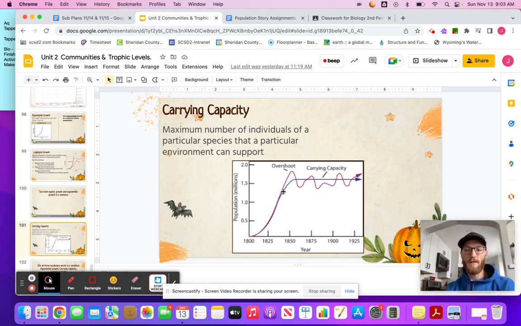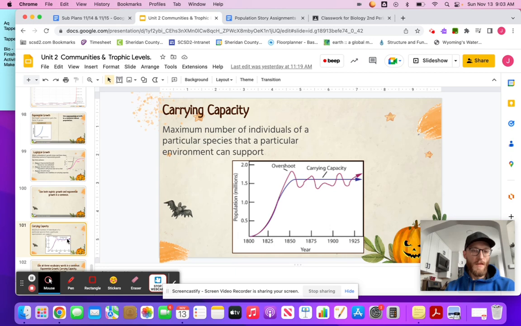And like we've talked about, if you don't have resources available, you are eventually going to get to the point where some of those organisms begin to die due to starvation, disease, those types of things, and that population would correct. Now we can see that carrying capacity without the wolves is much higher, right? This is their new carrying capacity, and so we'd see that elk population last year. So carrying capacity is basically how much life can we support in a given habitat?